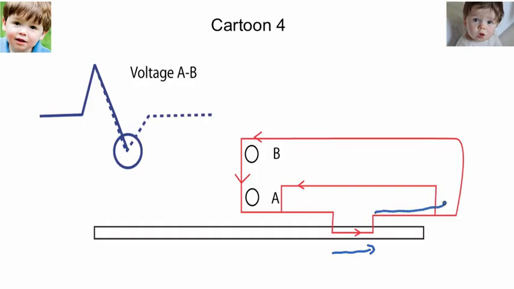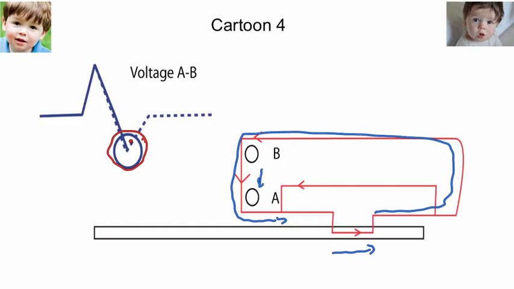Now for our electrodes, current is in the direction from B to A. That is to say, the voltage from A to B will be negative. So as a consequence, over here on our trace of voltage versus time, we see a waveform that is negative at that moment.